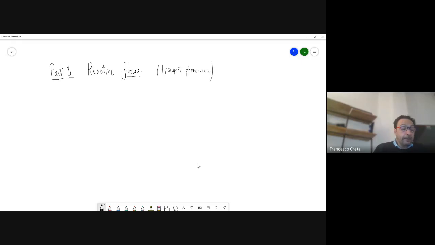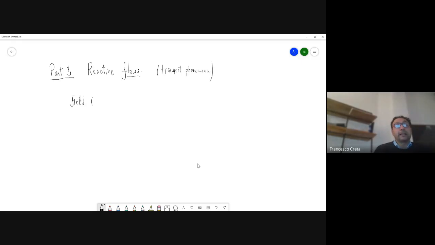Okay, so when we look at essentially the very broad discussion of a reactive flow, we have to start with a so-called field.